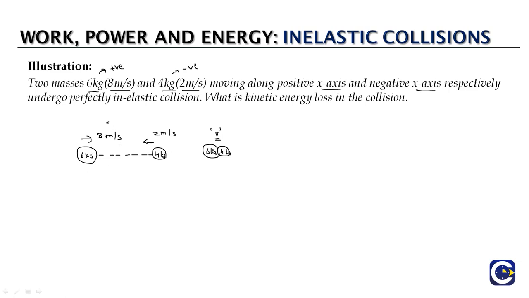So here, if we take the parameters along one direction to be positive, we have to take the parameters along the other direction to be negative, because we are dealing with velocities or momentum which are vector quantities. Let us say the right side or positive x-axis we take as positive, then the left side or negative x-axis terms will become negative. So the initial momentum of the 6 kg particle will be 6 8s are 48.